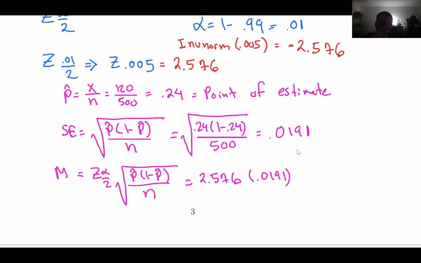If you do that, you get 0.0492. So this is what we call our margin of error. If we're talking about this margin of error in percent, how much percent do we have as a margin of error?